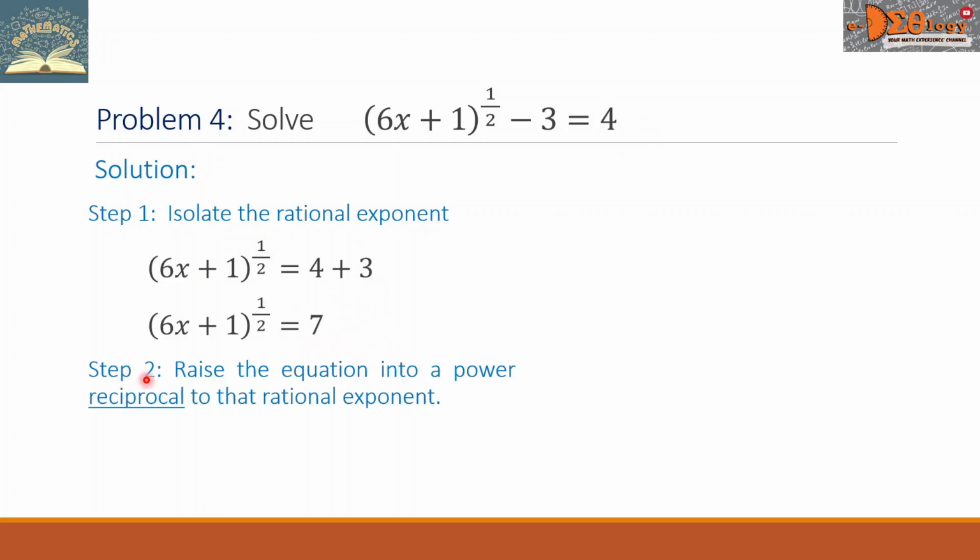Then we have the step 2. We're going to raise this equation into a power reciprocal to that rational exponent. The rational exponent here is 1/2, so the reciprocal is 2. That means we're going to raise this equation into power 2.